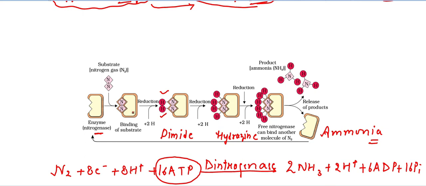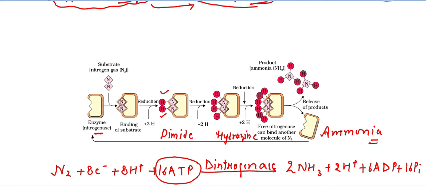And here the hydrogen is produced, it comes through the reduced coenzyme, and first the diimide is formed, then hydrazine is formed, and then ammonia is formed, right?